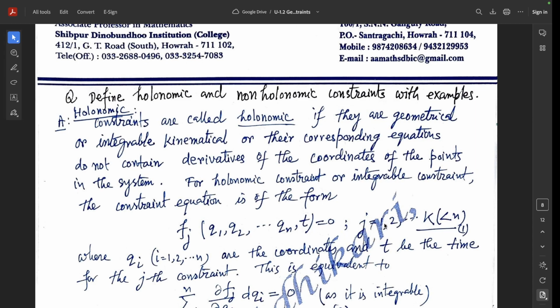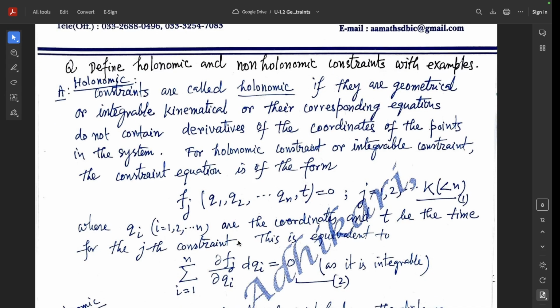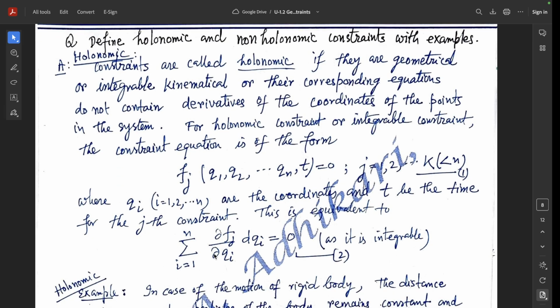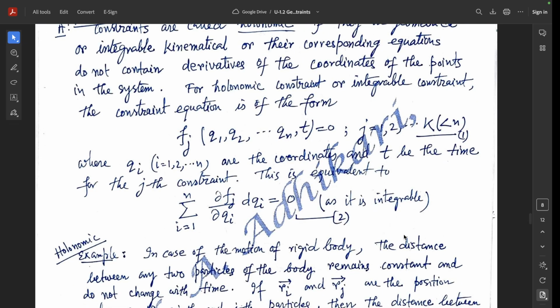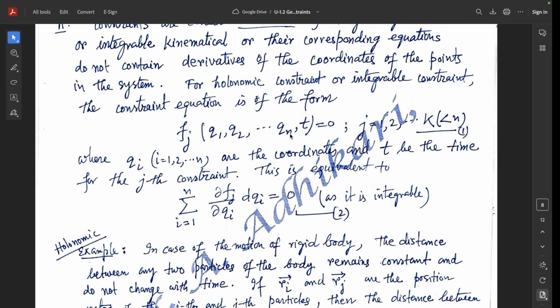Here j runs from 1 up to k, where k is less than n, the number of generalized coordinates. For the jth constraint, the equivalent form is the summation over i from 1 to n of the partial derivative of f_j with respect to q_i times dq_i equal to 0, as it is integrable. So this is the function of generalized coordinates and time equal to 0. This is the holonomic type of constraint.